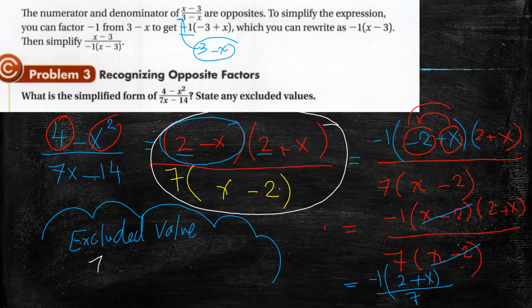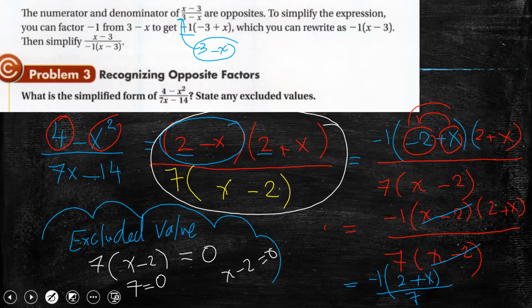I have 7 times x minus 2 equals 0. This is the denominator. When we have two numbers that are multiplied and the product is 0, one of them is 0. So 7 could be 0, and x minus 2 could be 0.